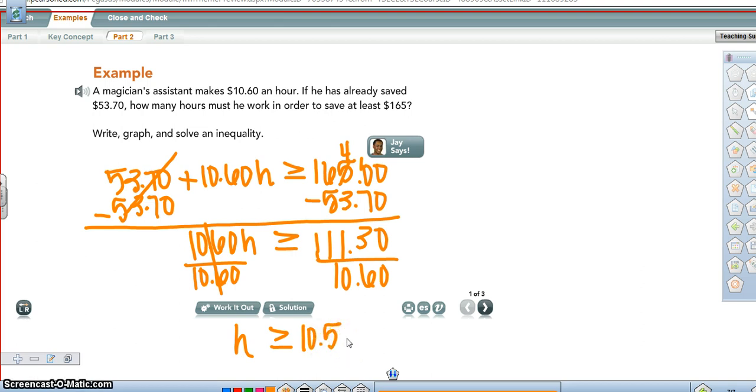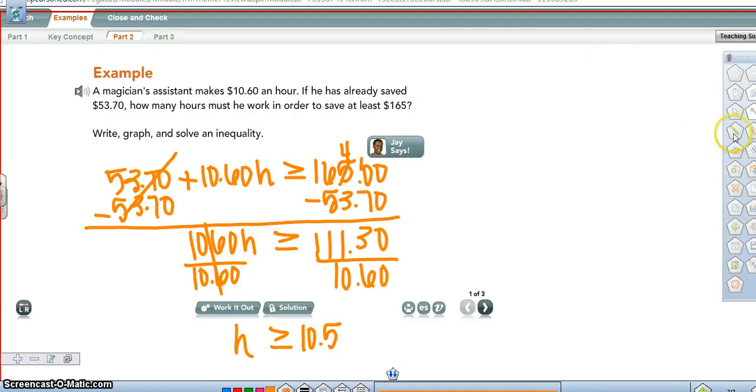H is greater than or equal to 10.5. So that means the hours needs to be greater than or equal to 10.5. This magician's assistant needs to work 10.5 hours or more in order to save up enough money.